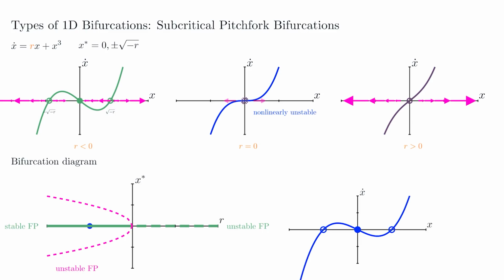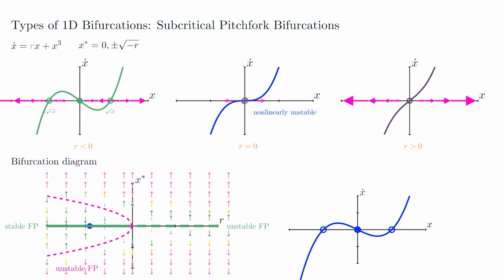When r is positive, we have the unstable fixed point, and so the flow is always pointing away from the fixed point. For r negative, the flow inside the parabola is pushing us towards the fixed point, opposite to what happens for r positive. And outside the parabolic region, the flow is again away from the parabola itself. And so here is the bifurcation diagram associated with this flow pattern.